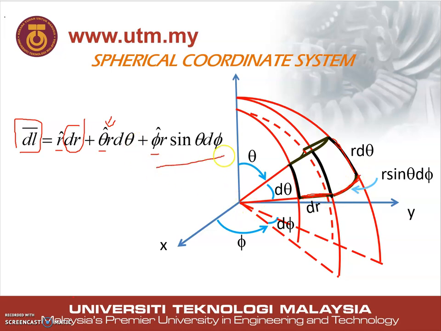How do we actually get this dimension? Let's take a look first. Here, how can we have this? Let's take out the x y z axis.